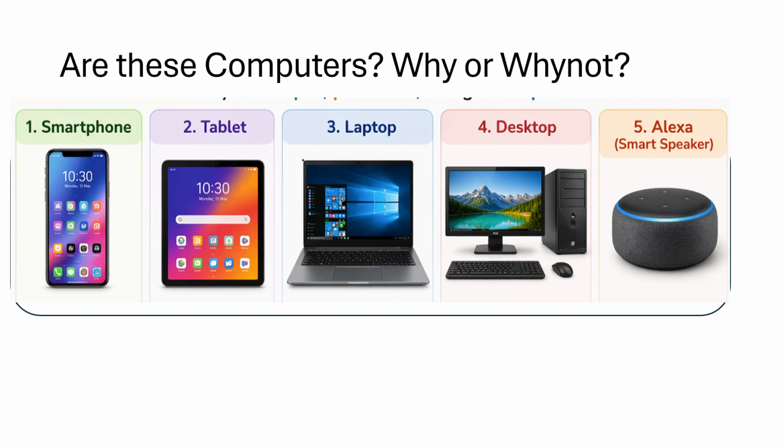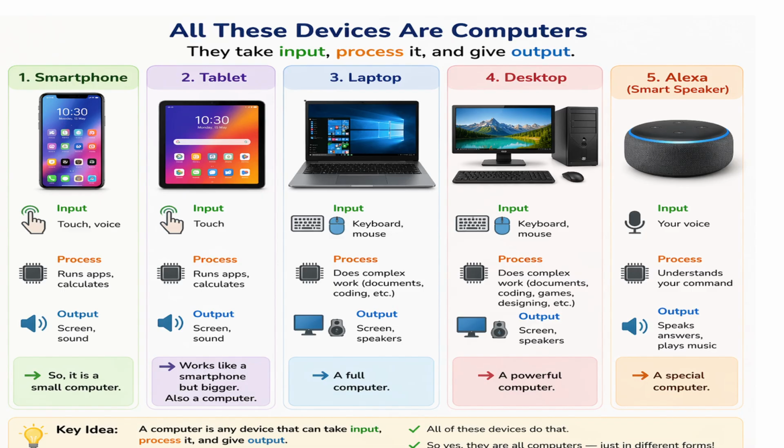So one of my students gets up and says, okay, smartphone, fine, tablet, I'll take it, laptop, desktop, all these can be computers. But Alexa, how is it a computer? So let's understand. By definition, we said computers are electronic devices, correct? So it needs electricity.